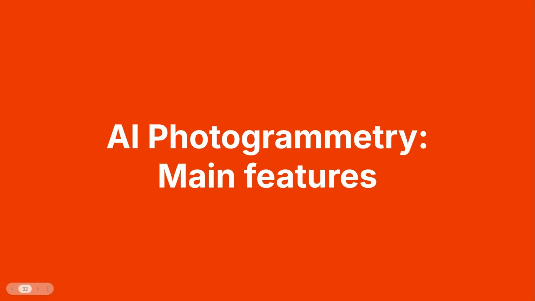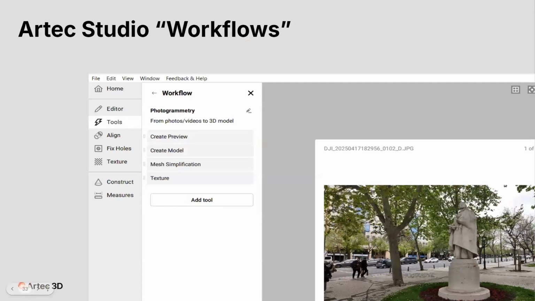So let's walk through the main features of the AI photogrammetry. First of all, in Artec Studio 20, we have introduced the workflows, and we provide this workflow with Artec Studio itself, so it comes preloaded. You will see right here that we have a complete workflow of the tools predefined for your convenience.